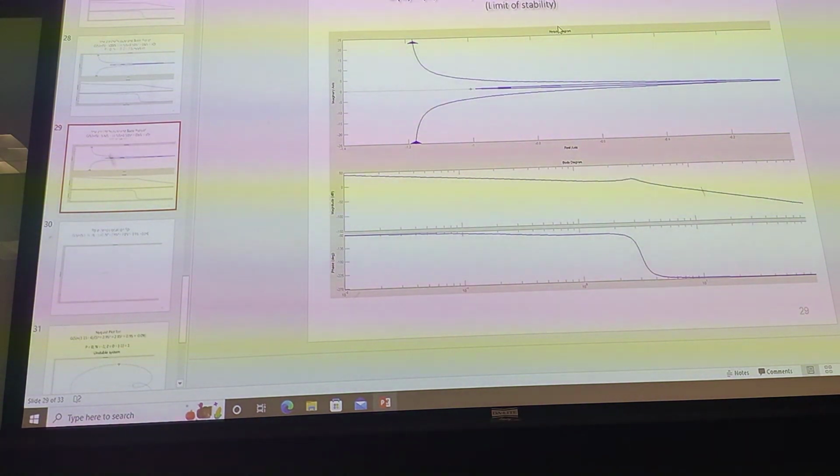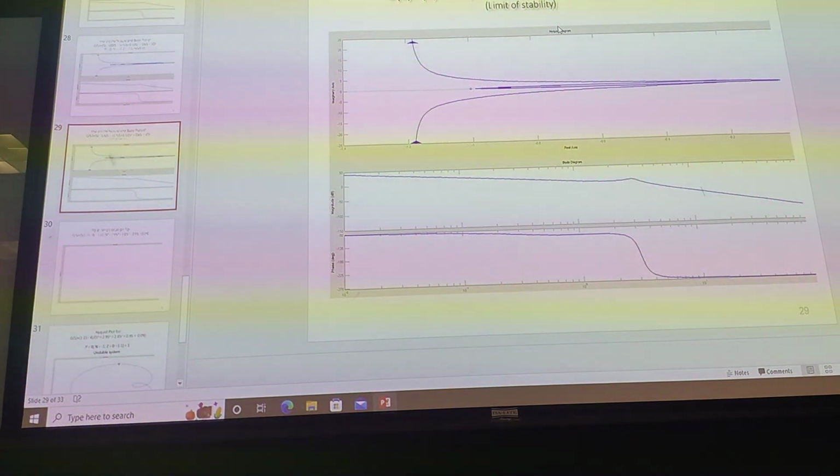We have 0 poles for the open loop system on the right half of the plane, and we have no encirclements because this point is out of the encirclements. So N is equal to 0, P equal to 0, so the system is stable.